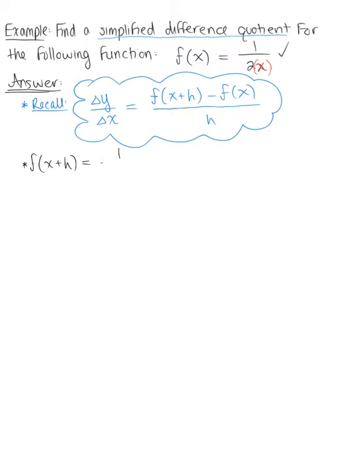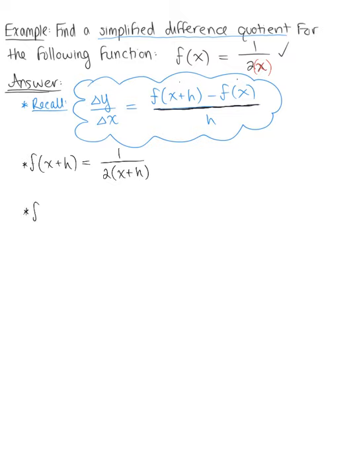So f of x plus h is equivalent to 1 divided by 2 times x plus h. And I know I'm going to need to find a common denominator here. If we look at our difference quotient, we can see that in the numerator, we have the difference between f of x plus h and f of x. So we'll leave f of x plus h factored.